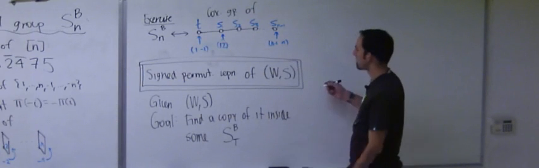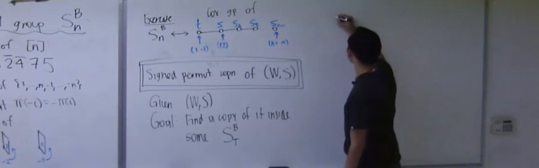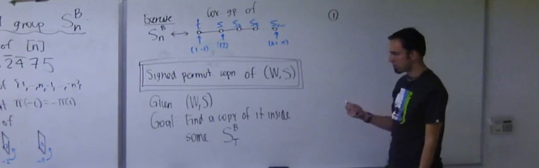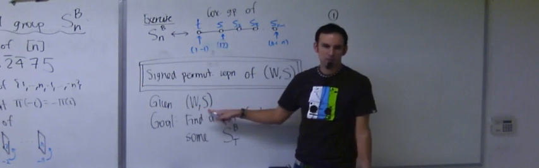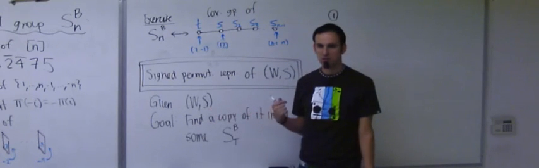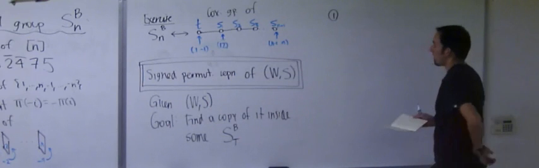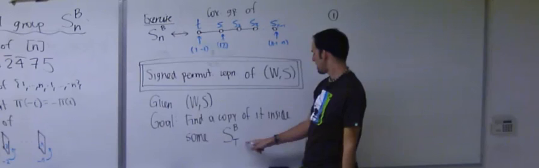So let's do this in 3 steps. First step. The input that I'm given is W and S. You can think of this as also, I'm just given a Coxeter diagram. It's the same information. And my goal is to find it inside some hyperoctahedral group.